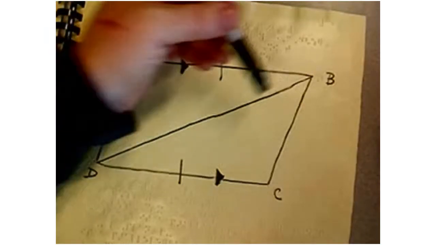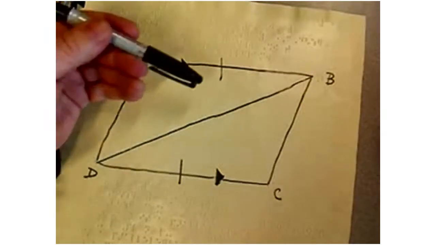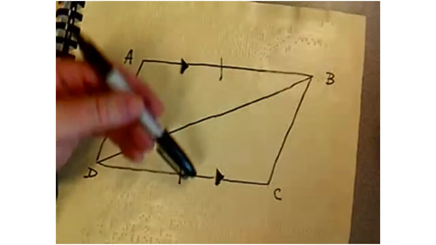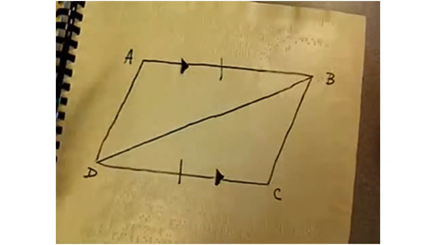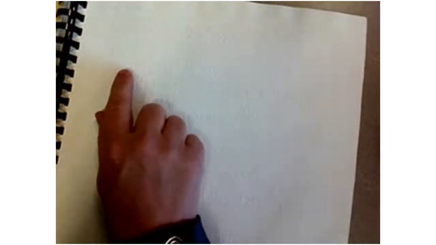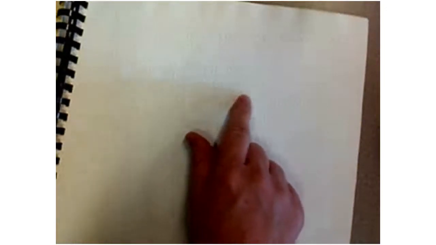So they're on alternate sides of the transversal, and they're on the inside of our parallel lines. So they're alternate interior angles. So that's the reason they're using. You go back to your proof, and it says if two parallel lines are cut by a transversal, then each pair of alternate interior angles is congruent. Alternate interior angles of parallel lines are congruent.